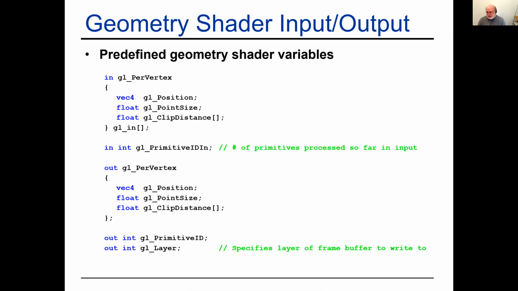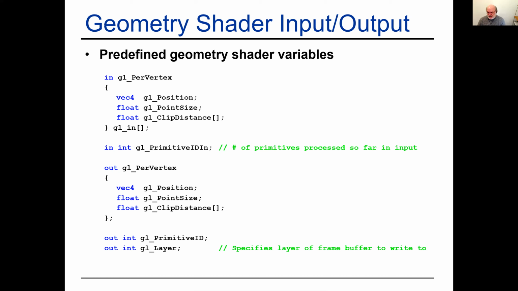You additionally get the number of primitives that have been processed so far. That's different from the vertex ID we had for vertex shaders, here it's the primitive ID. And then they output the same data for each vertex that they output.